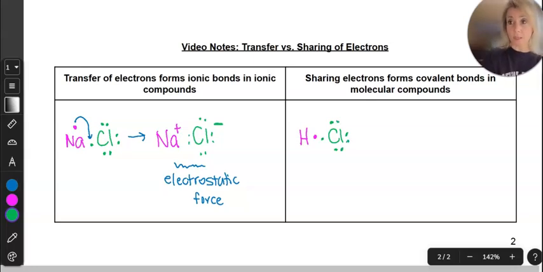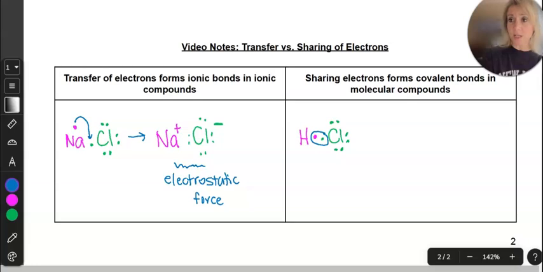Well, instead of drawing the blue arrow like I did on the other side to show that an electron is transferred from hydrogen to chlorine, instead, I am going to draw a circle here, because what's going to happen is that this electron from chlorine, this one that is separate, the one that is an unshared electron, or an unpaired electron, excuse me, this is going to spend some of its time around the hydrogen atom.